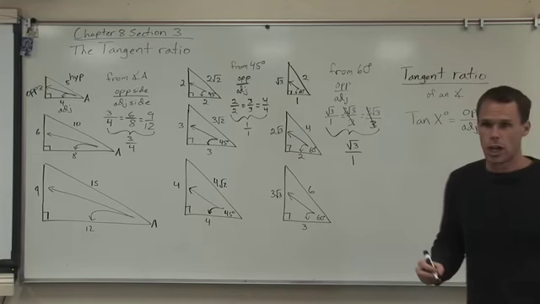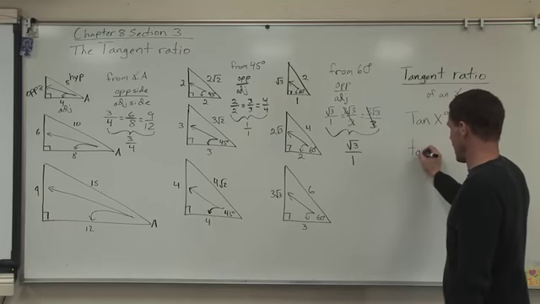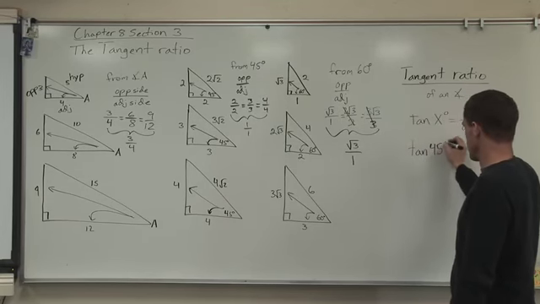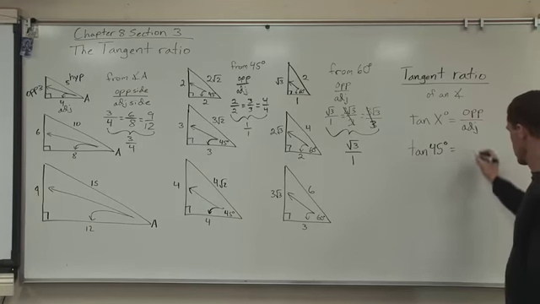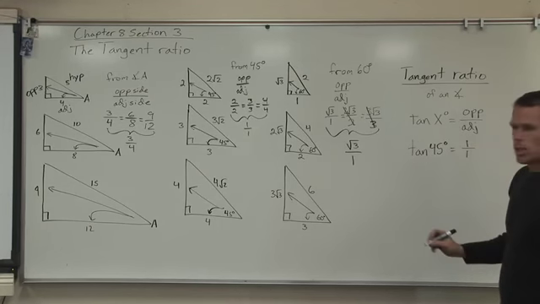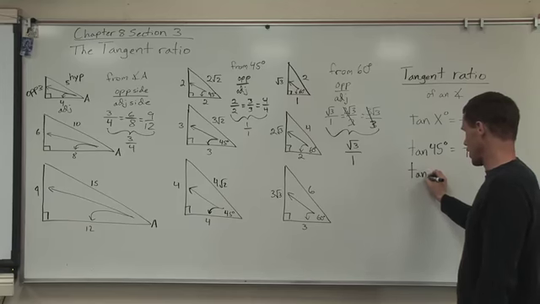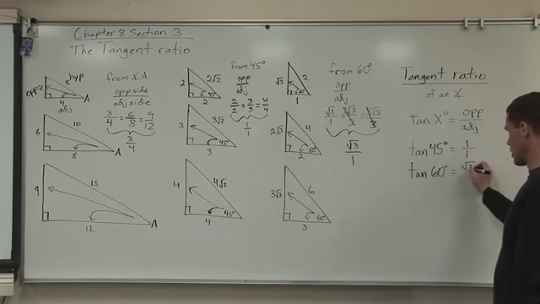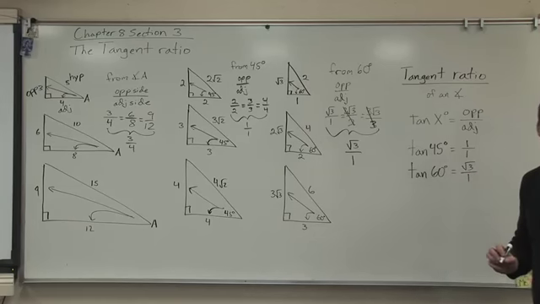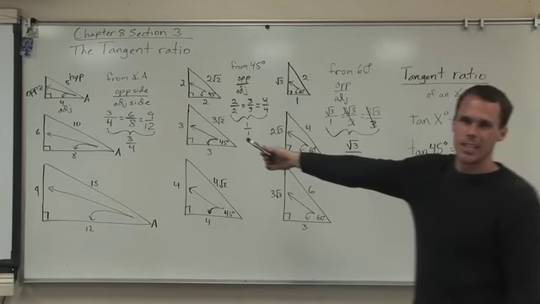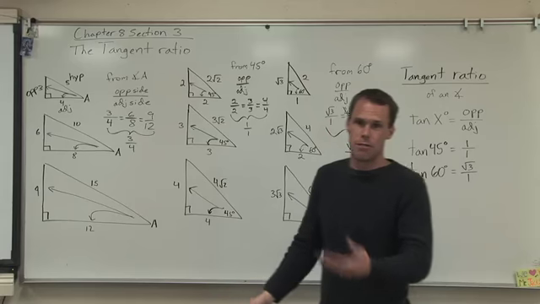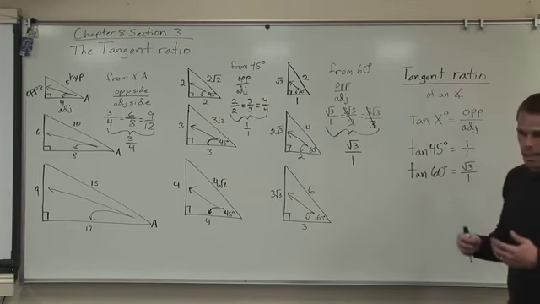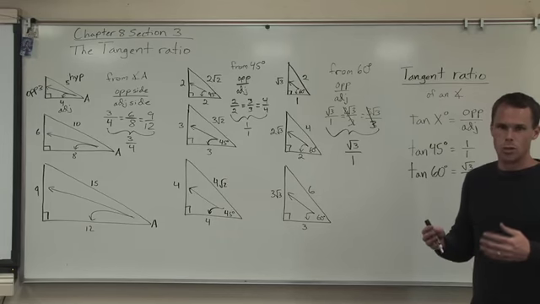So something we just learned is that the tangent of 45 degrees will always be 1 over 1. We also learned that the tangent of 60 degrees will be radical 3 over 1. And there's some angle out there that has a tangent that is 3/4. But every single angle measure has its own tangent.